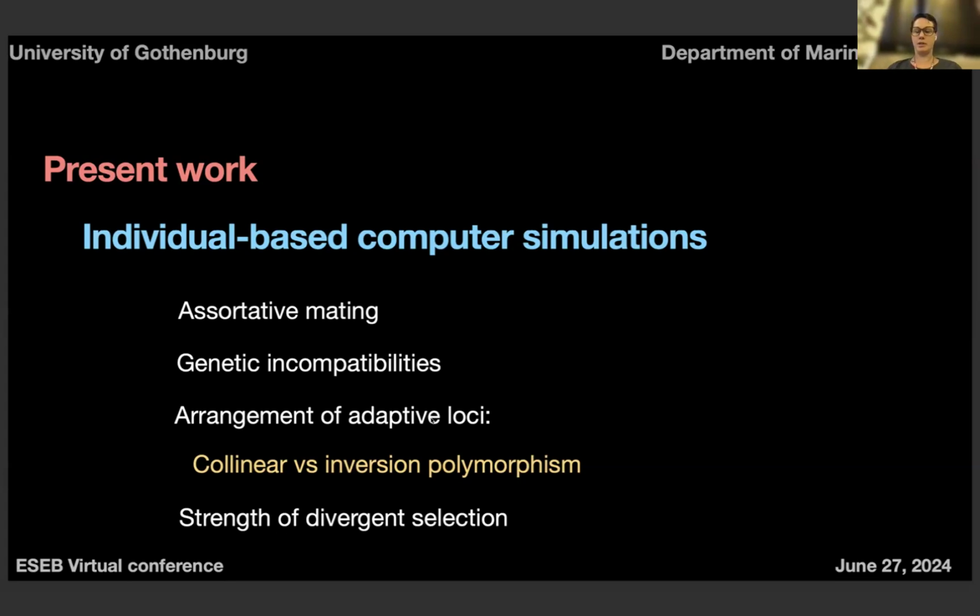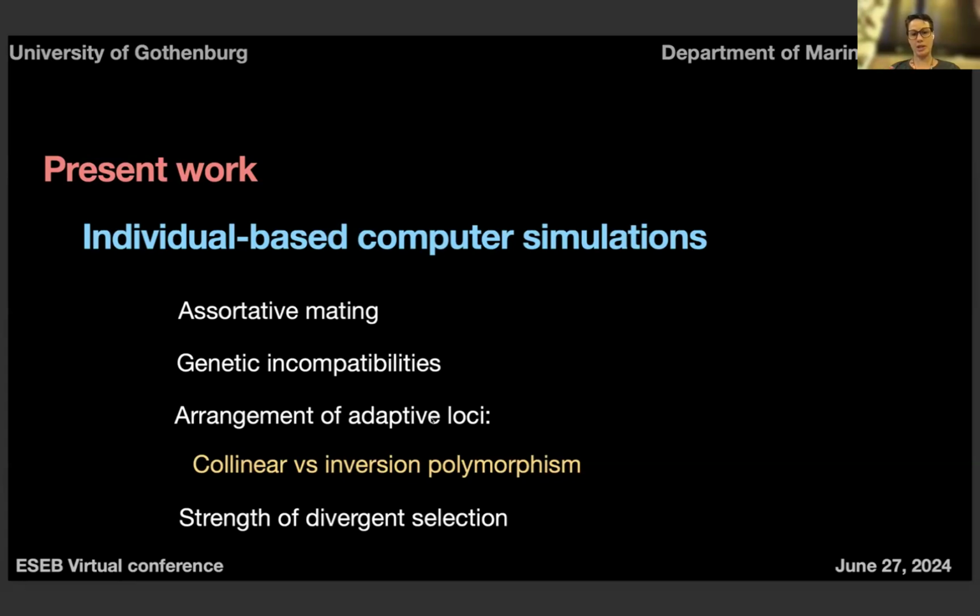In particular, we looked at random versus assortative mating. We included or turned off genetic incompatibilities. We looked at different arrangements of adaptive loci, particularly motivated by the snail examples I gave you, because there we have lots of divergence that is locked in inversions in both species.